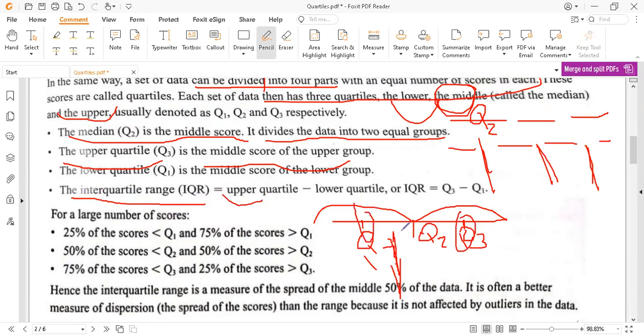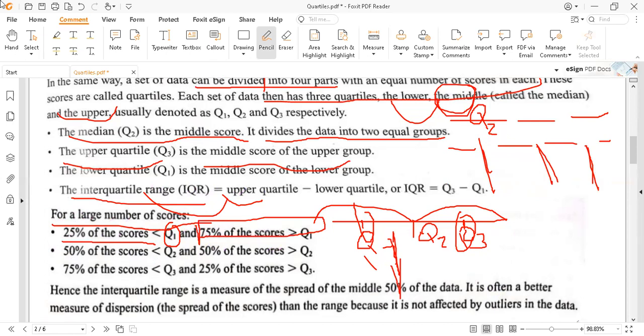Using the quartiles to find the range, the IQR is less affected by the outliers than the range of a given set. For a large number of scores, 25% of the scores are less than Q1, and 75% of the scores of the given set are greater than Q1.